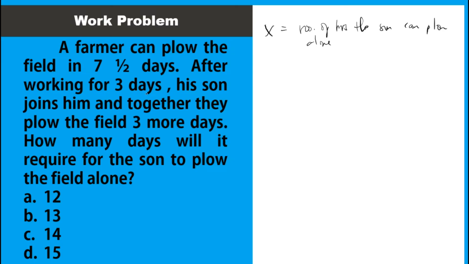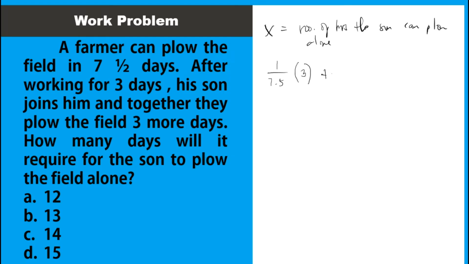The rate of the farmer is 1 over 7.5, times time. He worked alone for 3 days, so 3 times that rate. After working for 3 days, his son joins him, so plus, they plow together 3 more days.